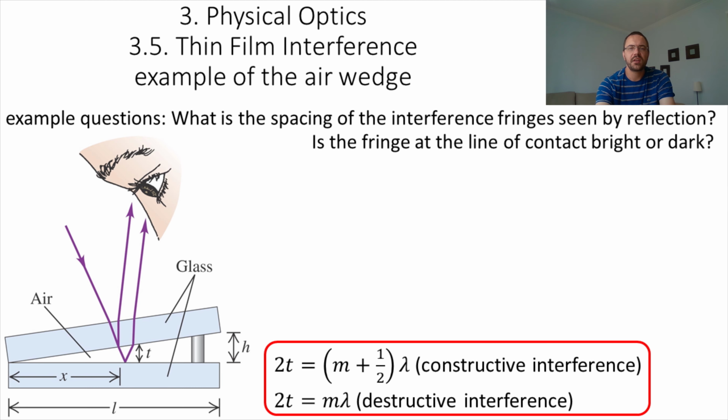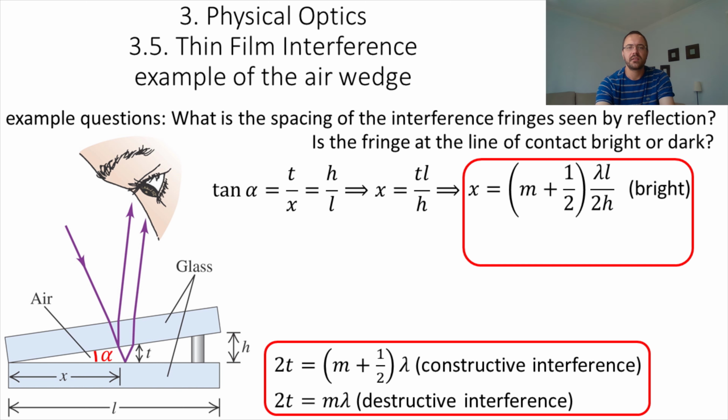Now, to get the spacing, we need to introduce the variable x in these equations. We can introduce the angle alpha so that tangent alpha is equal to t over x. And it is also equal to h over L. And so x is equal to tL over h.